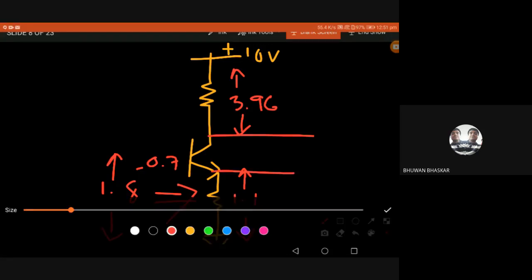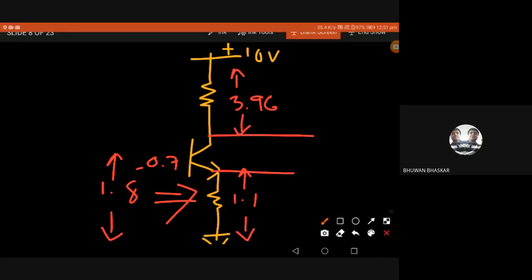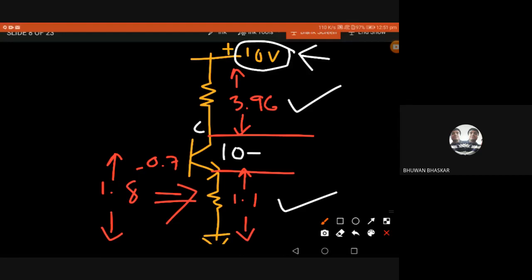You can see 10 volt was the input source. According to Kirchhoff's law, whatever input you give to a circuit has to drop across the closed path. So 10 volt is the input source, 3.96 is dropped across RC, and 1.1 is dropped across RE. So what I'm calculating is VCE. VCE equals 10 minus 3.96 minus 1.1.